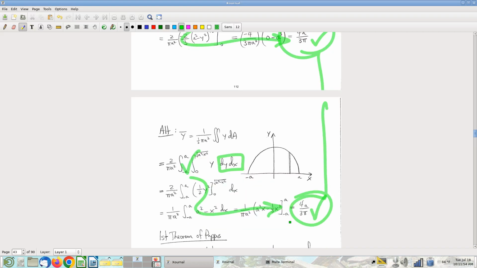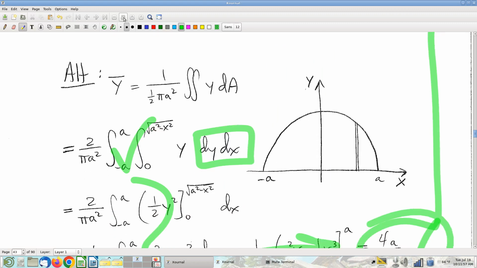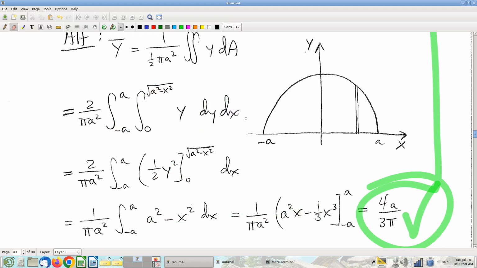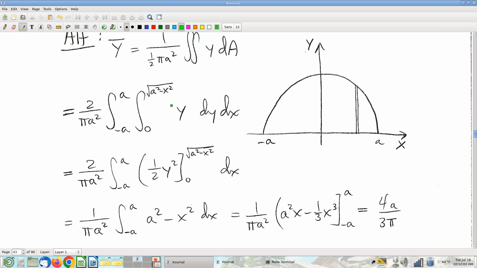But furthermore, if you look at your integrand y here, and you look at what you're about to plug into whatever the antiderivative ends up being, you're going to have to plug in a square root, and I don't like square roots. In fact, I really don't like square roots, and that square root, if it remains, is going to be part of my integrand for my x integral. I really don't want to have to do an integral that has square roots in it. Those are at best inconvenient and at worst intractable.